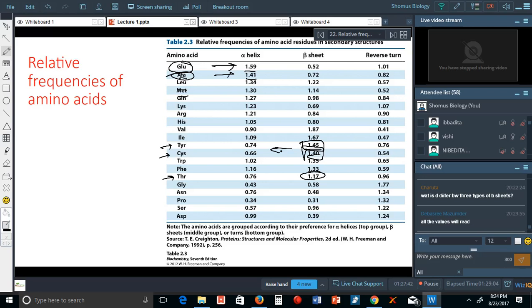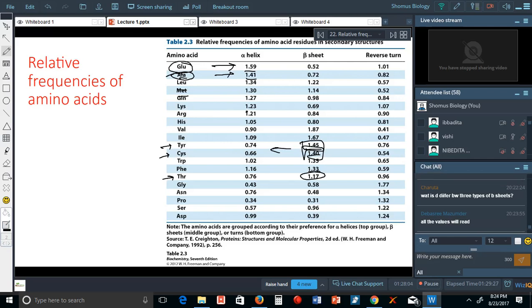You don't need to remember all the values, but just to get an idea that with changing amino acids, we can form different types of secondary structures. So I can tell you, if a protein is made more with tyrosine, cysteine, threonine, what can we say?